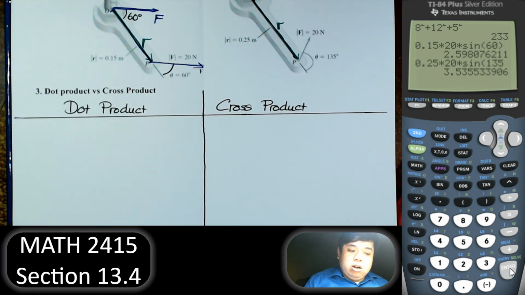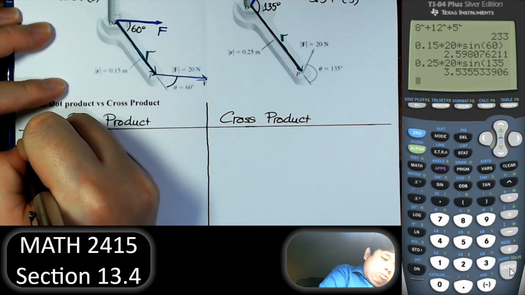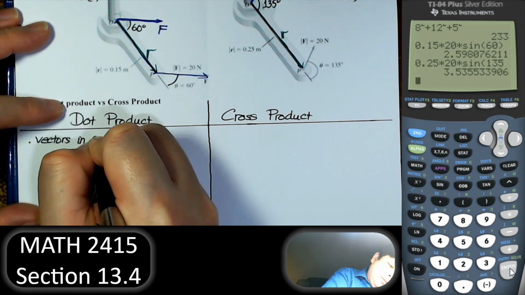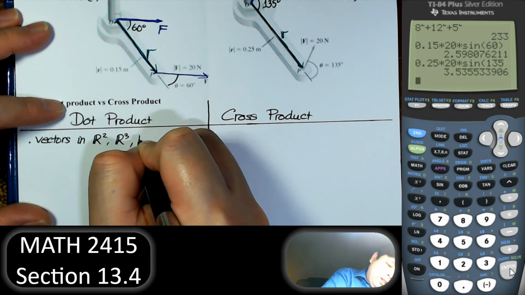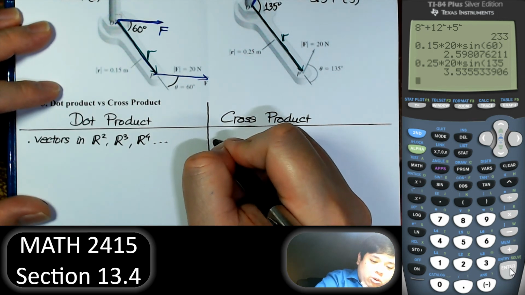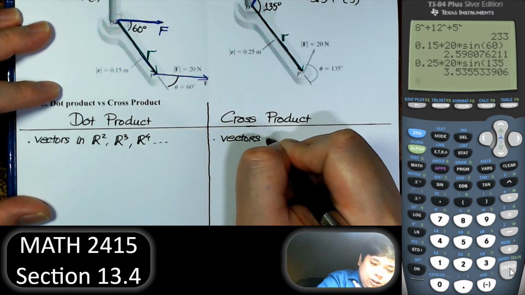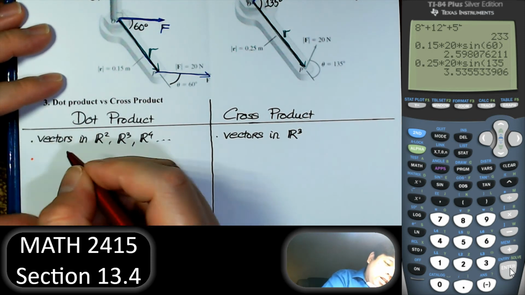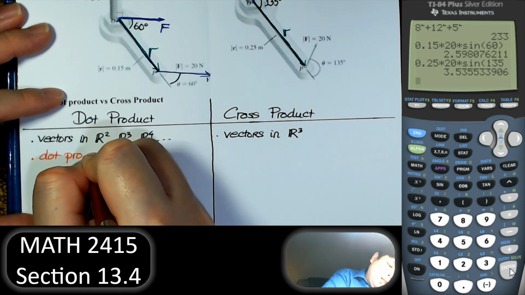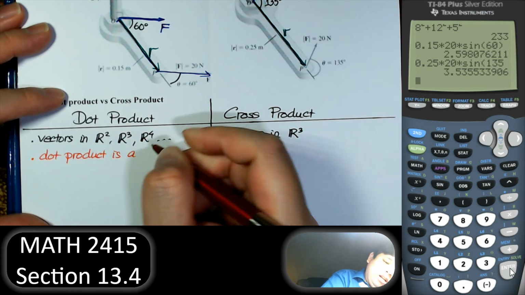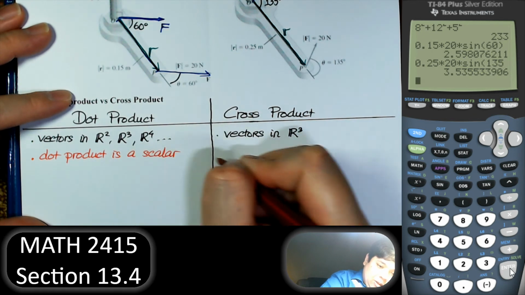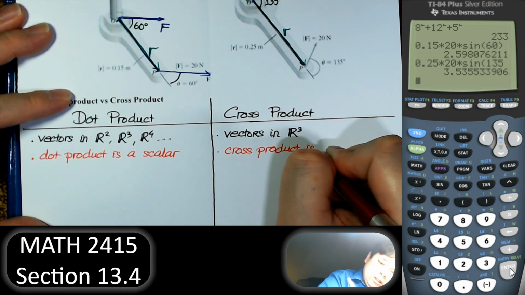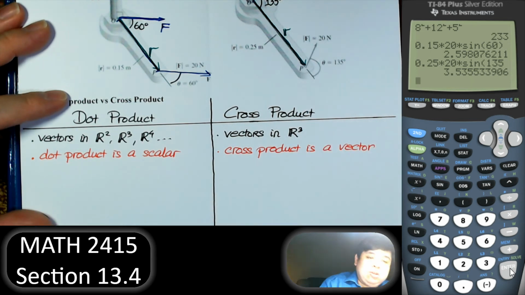The dot product works for vectors in any dimension, R2, R3, any dimension. The cross product only works for vectors in R3. Next, the dot product is a scalar, meaning it's a number. The cross product is a vector. That's the main difference there.